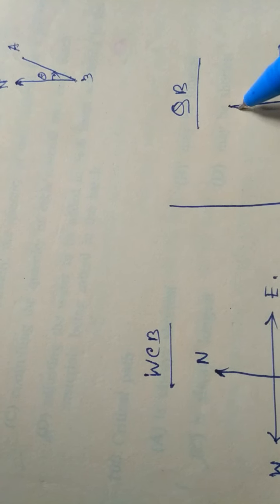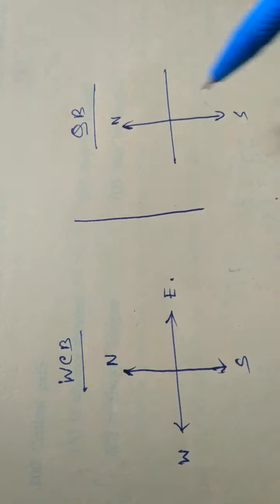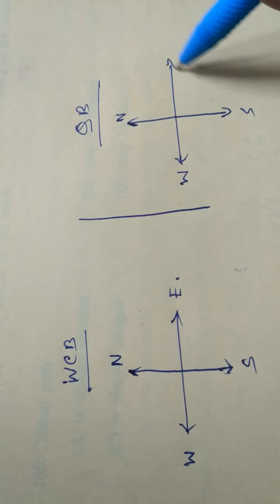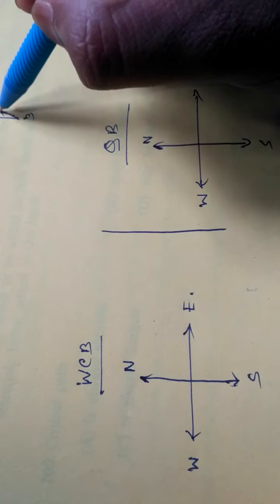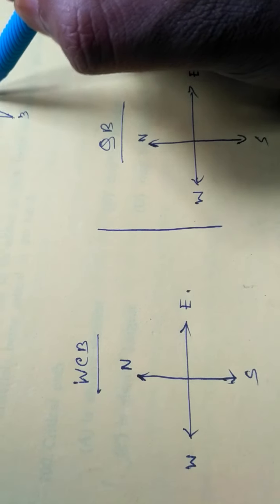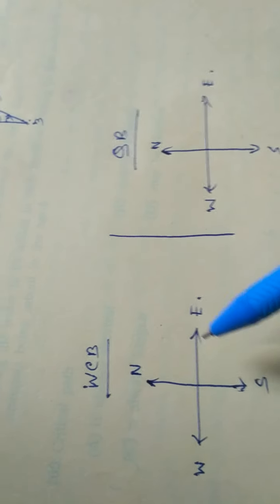Similarly, here also this north direction is converted into north, south, west, east. Now take it as example. Suppose theta equal to 30 degree, which is the bearing of line AB.